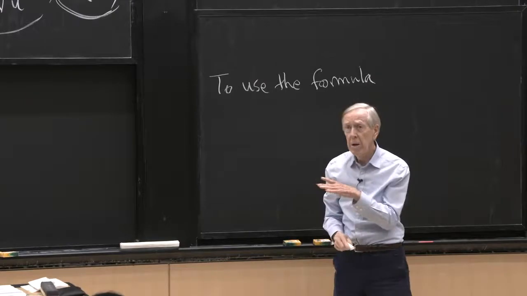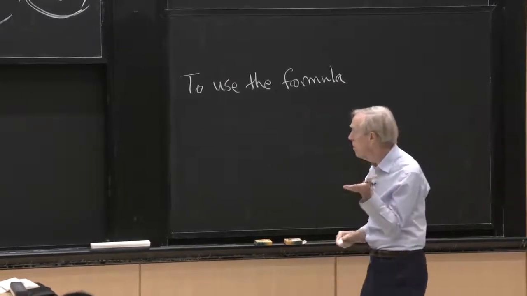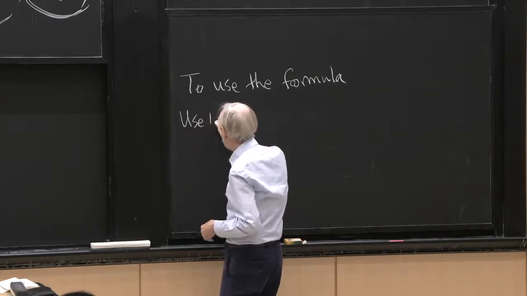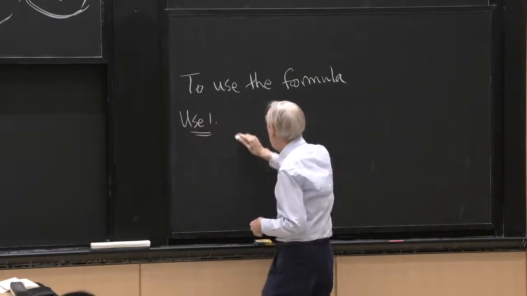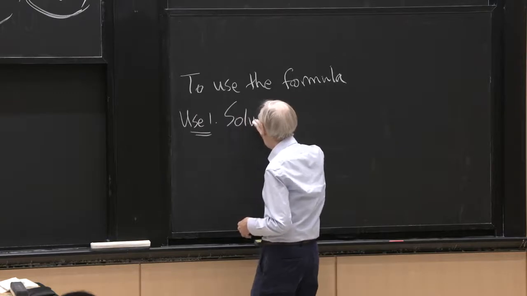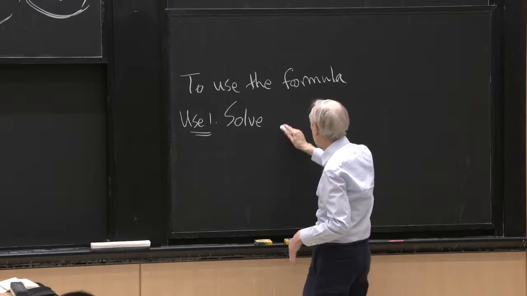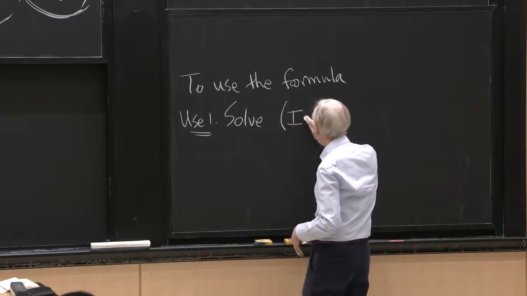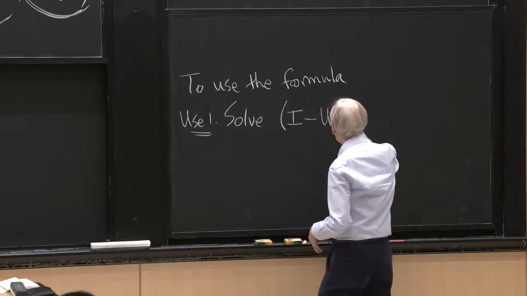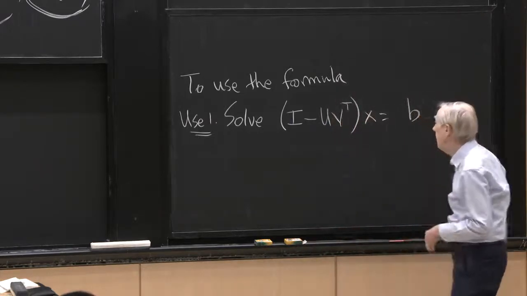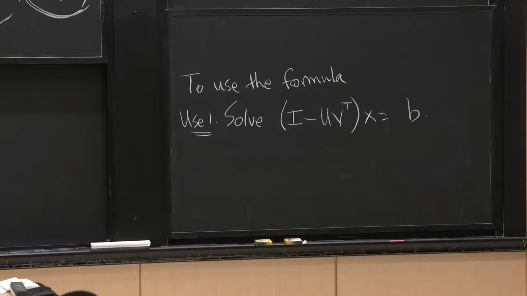While I think of it, actually I have two uses in mind. Use one would be to solve, suppose I want to, so this is my new matrix, UV transpose X equals some right-hand side B. Solve a linear system that has that coefficient matrix.